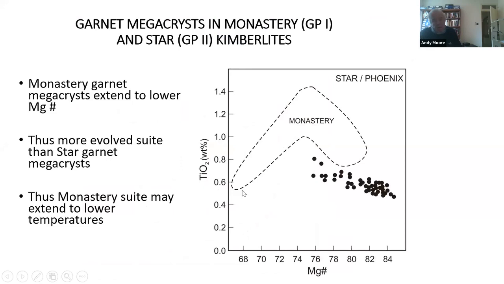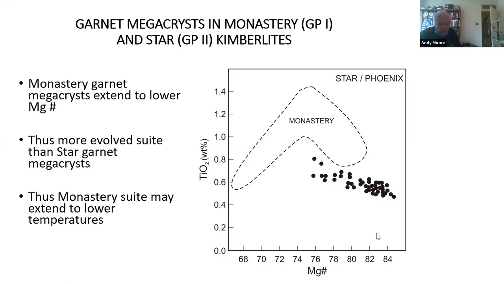And this is a model that I suggested some time back. This is looking at the megacrysts in Monastery. This is the study of John Gurney and co-workers. And they showed that the olivine megacrysts showed, with increasing iron content, progressively increasing titanium. And then these garnets were joined by ilmenite, and these are ilmenite-garnet intergrowths often, and this resulted in a decrease in titanium.